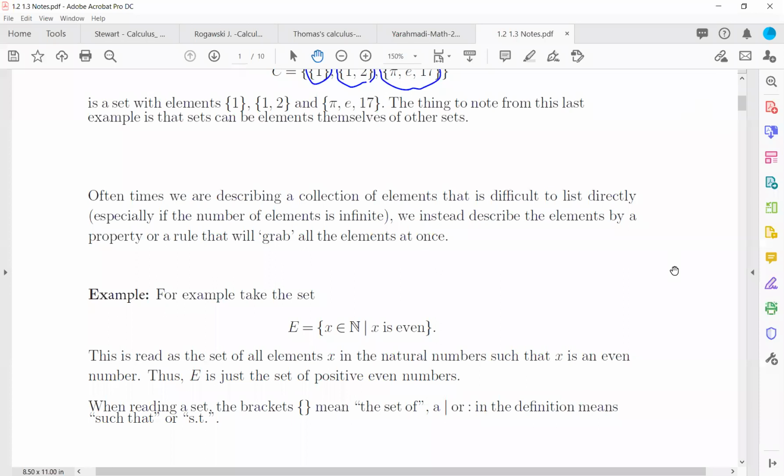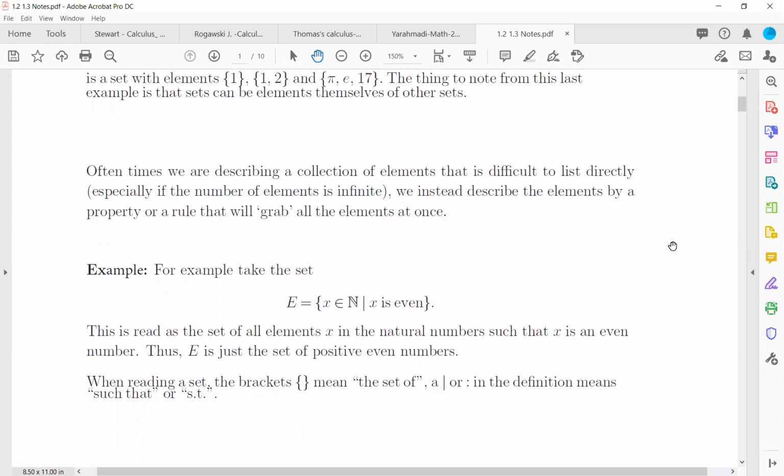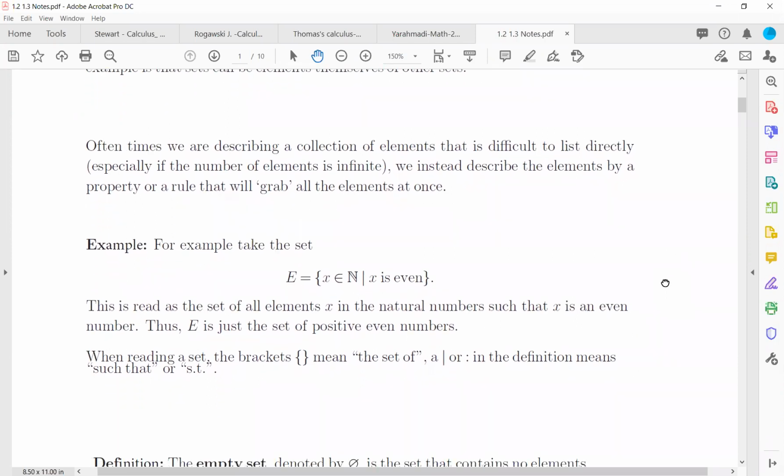Sometimes it's difficult to list all members of a set. Instead, we use the definition of the set like this. For example, suppose E is the set of all elements like X in N. Remember that N is the set of all natural numbers.